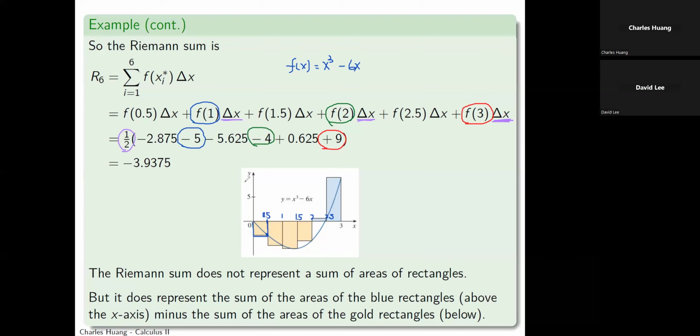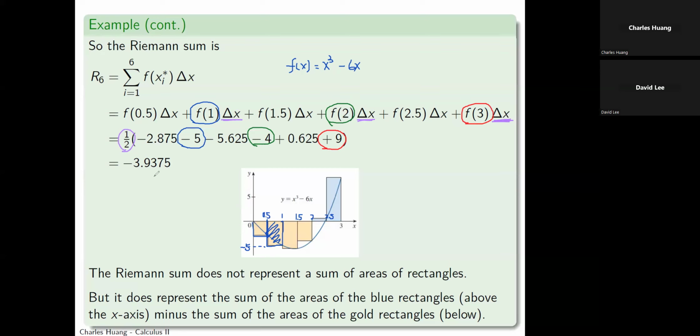And what you'll notice is that at the end we get a negative number. This tells you why the second rectangle here, the one circled in blue, is a negative number, because the y value here is -5. So when I multiply -5 by the width, I'm going to get a negative number.